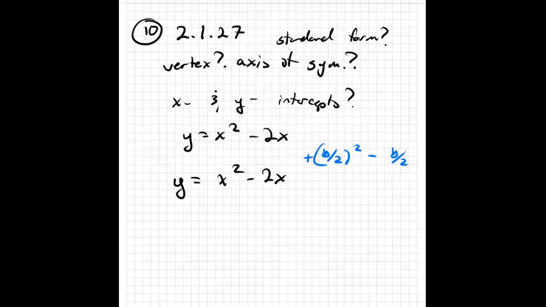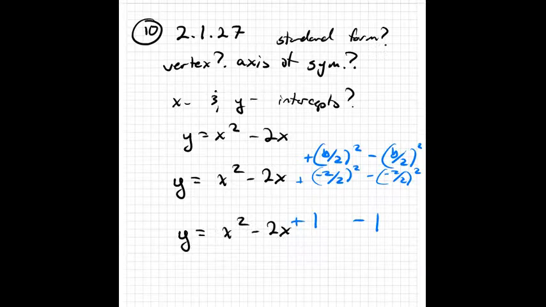Again, our b in this case is negative 2, so negative 2 over 2 squared and minus negative 2 over 2 squared. If we crunch that number, negative 1 squared is 1. So we're going to say plus 1 and minus 1. So we're adding 0 by adding that number and then subtracting it. And everything else, we're just going to copy. It stays the same.